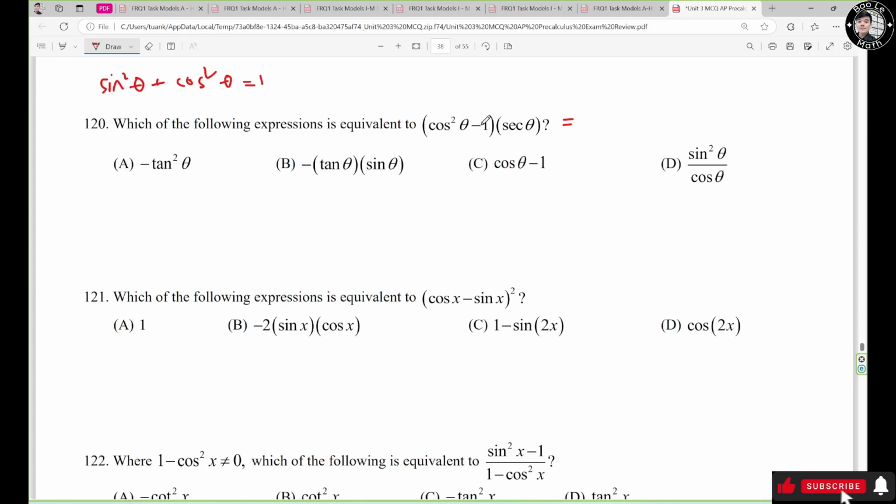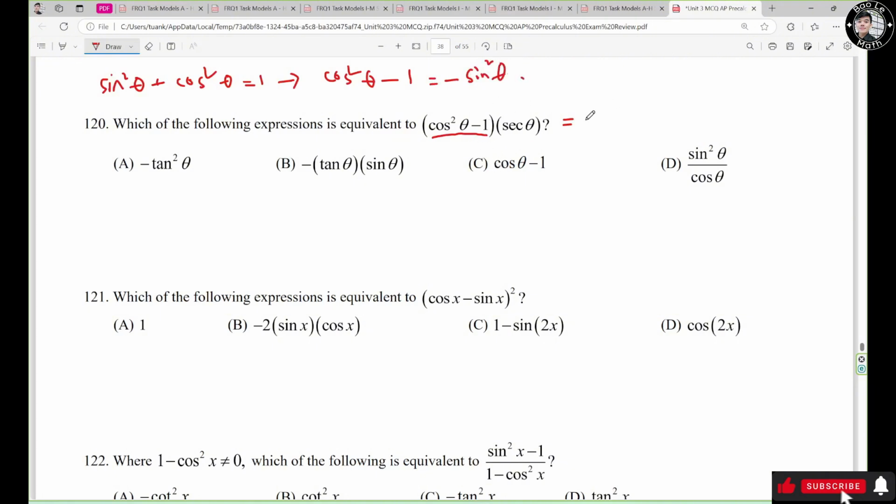Now, since we have cosine square theta minus 1, we need to rewrite this one as negative sine square theta.